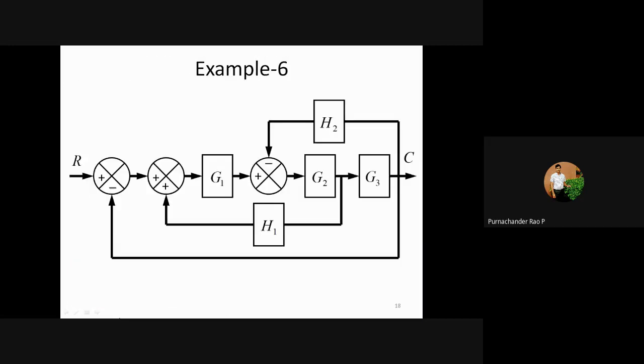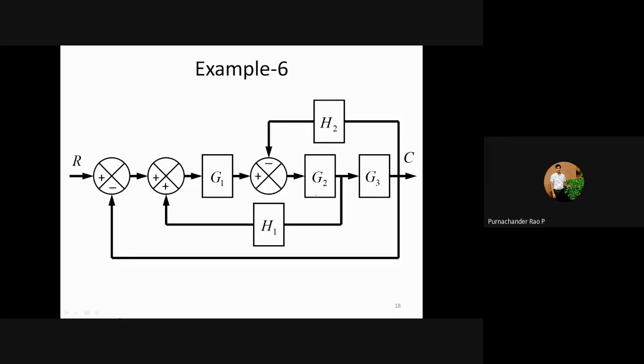Okay, so example 5. Here we'll solve this one. If you observe this, first of all, we cannot directly convert or find out any cascaded paths or parallel paths or single feedback loops here.